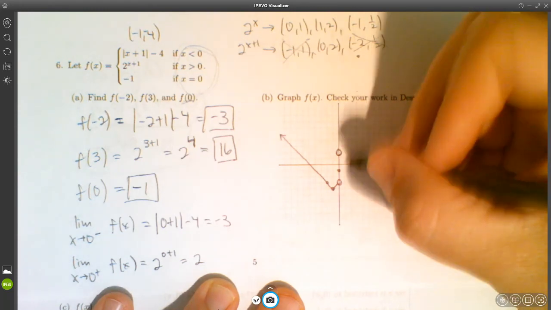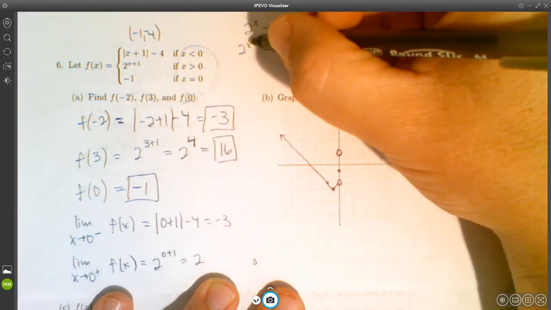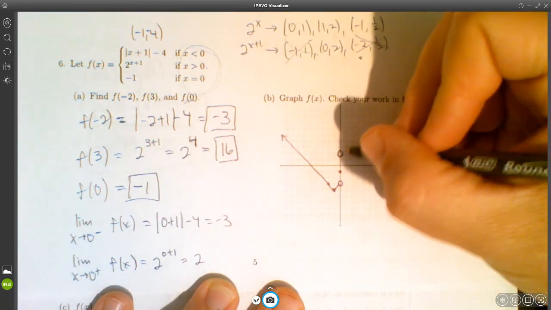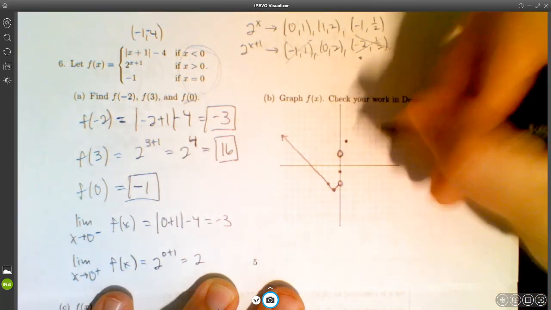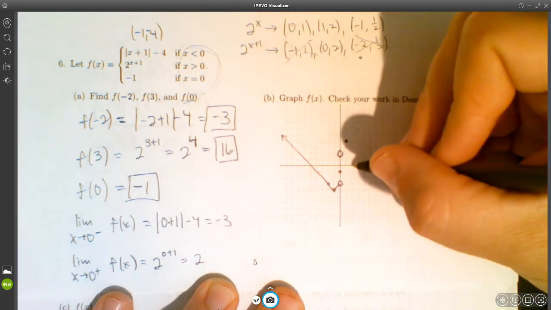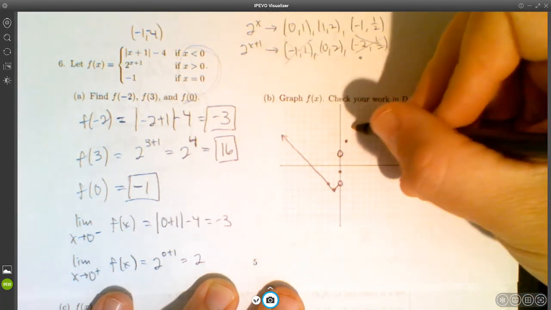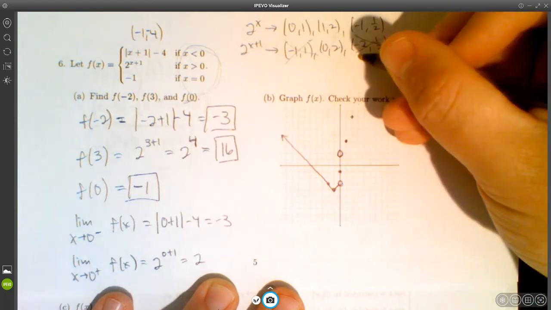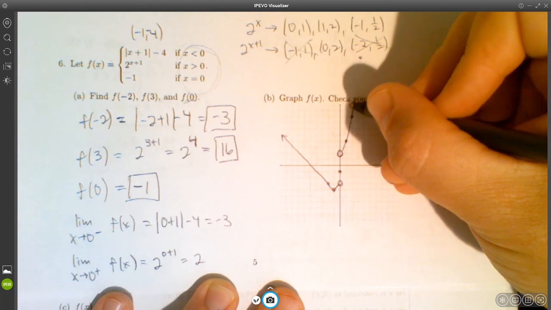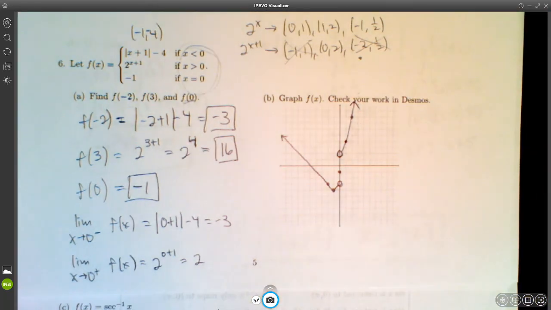But I can kind of tell what's going on, right? If I plug in 1, I'm going to get 2 to the 1 plus 1. That's 2 squared, which is 4. 1, 2, 3, 4. And I'm expecting some exponential growth. If I plug in 2, I'm going to get 2 cubed, which is 8. 4, 5, 6, 7, 8. And then 16, right? So it's starting to grow exponentially like this on the right-hand side of the graph.